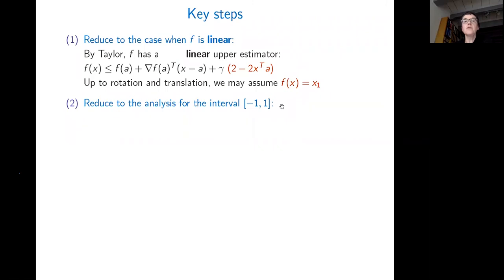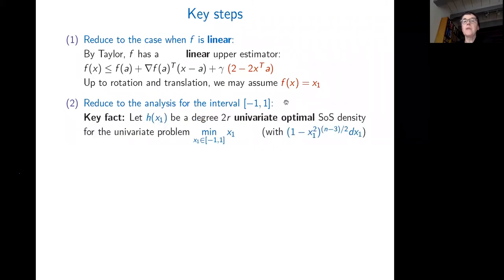And we are going to reduce to the analysis of the interval. And we do this as follows. We go back to our univariate problem of minimizing x1 on the interval -1, 1, which we equip with a suitable Jacobi measure. This is our blue measure mu. And we know how the error behaves. This is what we have just learned.